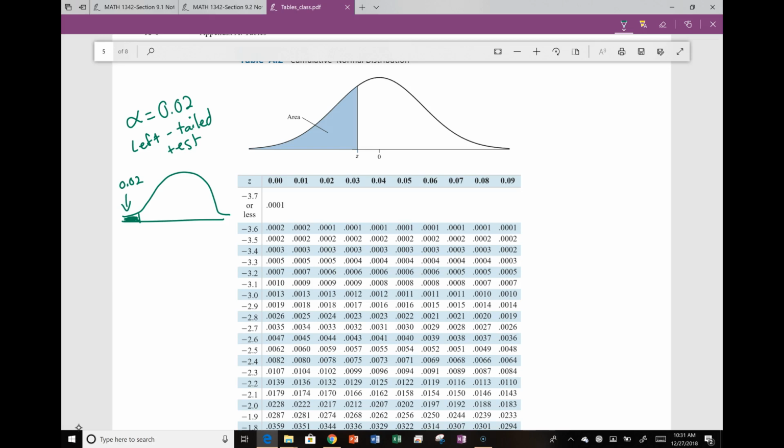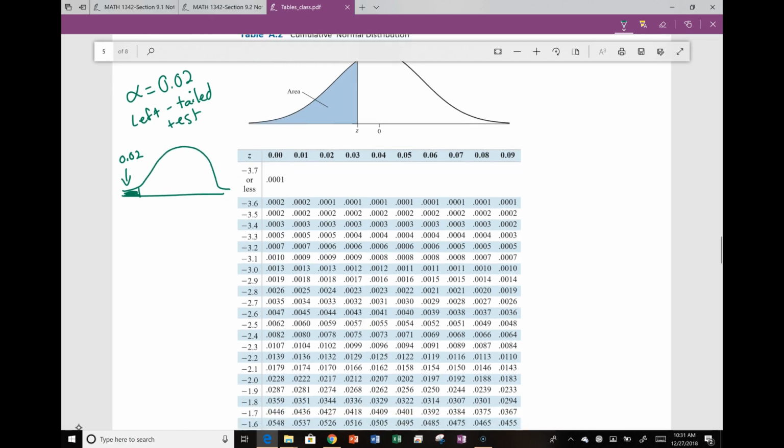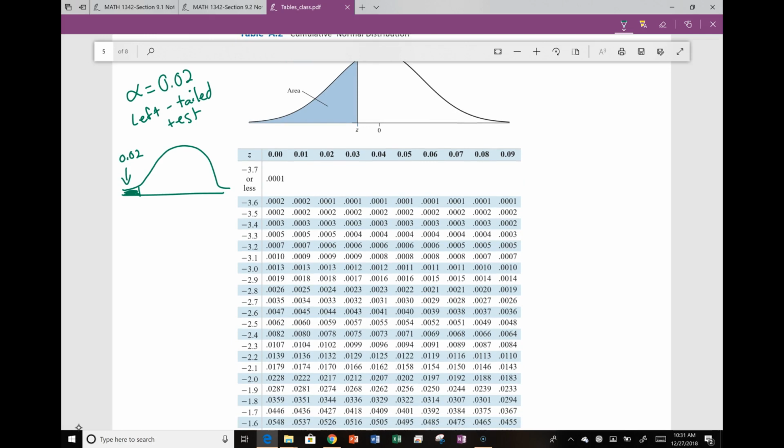This is our alpha, this is our probability. So what happens is we have to go to the center of the chart and look up 0.02. So whenever I do that, 0.0, here's 0.01, here's 0.02. I'm going through here. Okay, it's between these two. It's actually closer to this one. So my z-score is a negative 2.05. That is my critical value. Okay? When I first start and I use the alpha and I look it up on the chart, that's the critical value.